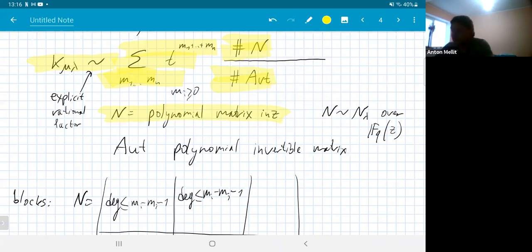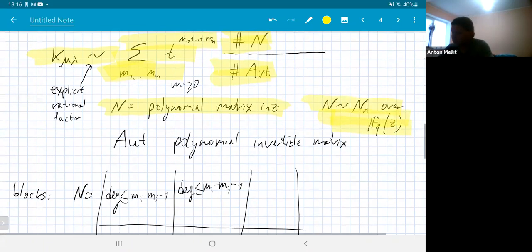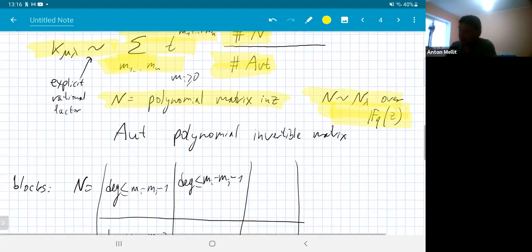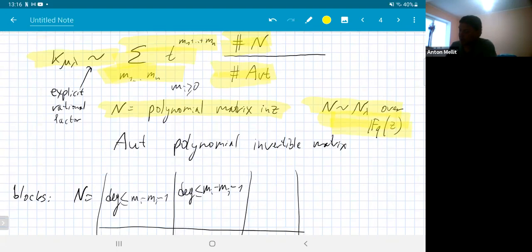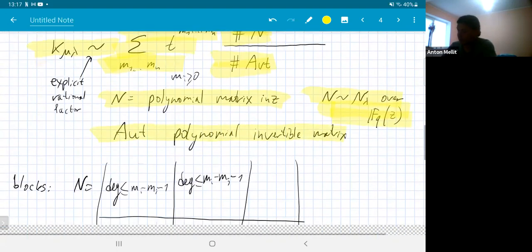The condition we had before, that n is conjugate to n_λ, now has to be said as: n is conjugate to n_λ over the field of rational functions. So this is how the dependence on λ is encoded. Then n will be a polynomial nilpotent matrix, and these automorphisms will be polynomial invertible matrices.